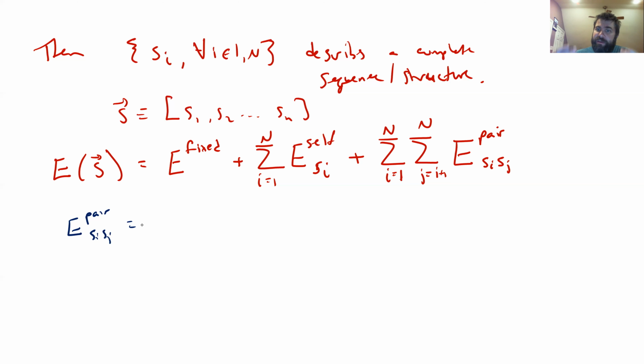That means that the interactions between 2 side chains, and the rotamers are specifically the side chains, involve only non-bonded interactions.